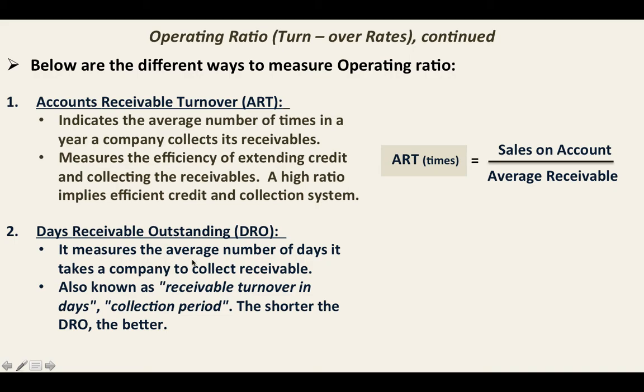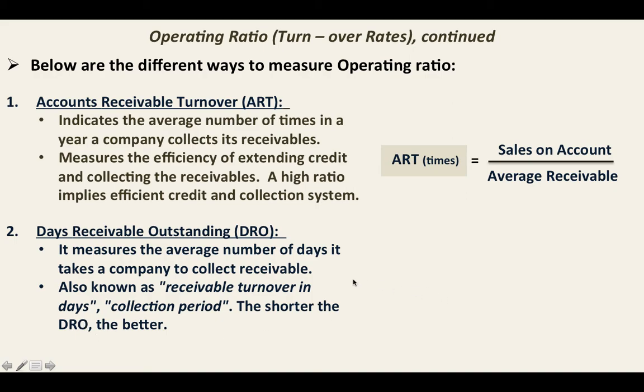So here, it measures the number of days it takes a company to collect receivables. It is also known as receivable turnover in days or the collection period. Of course, the shorter the collection period, the better.